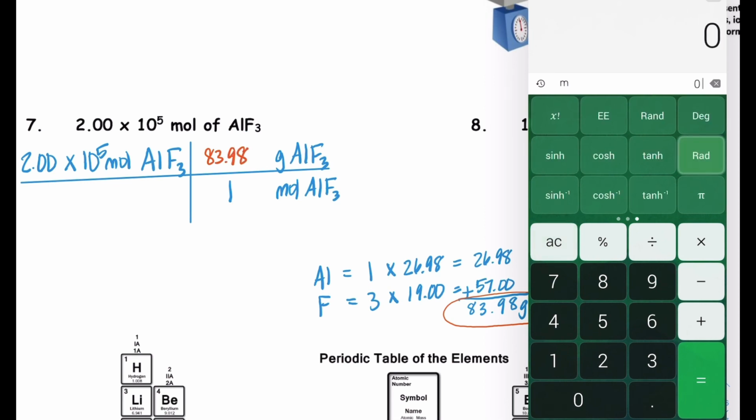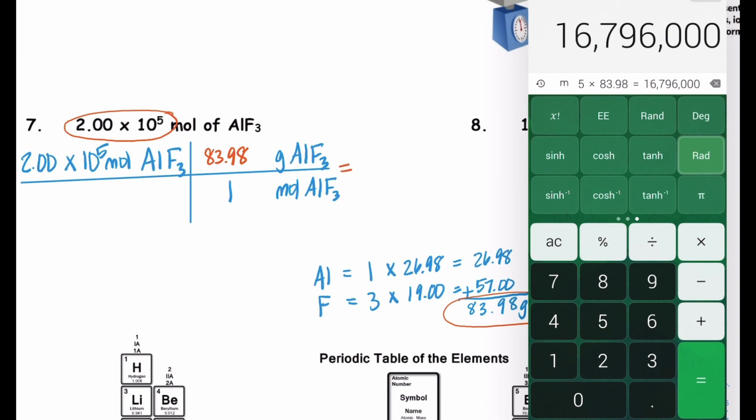And now let's solve. 2.00 times 10 to the 5 times 83.98. That's a really large answer. We're going to record this value in scientific notation and using significant digits. So our given value has 3 significant digits. 2.00 has 3 significant digits.